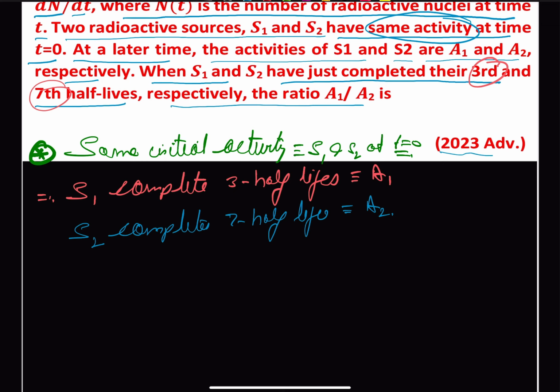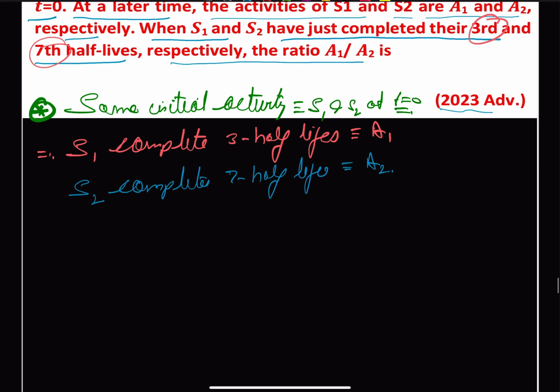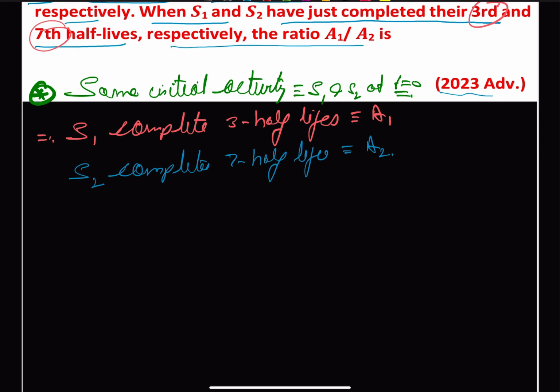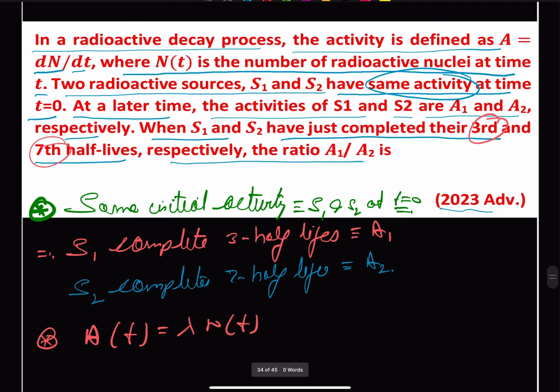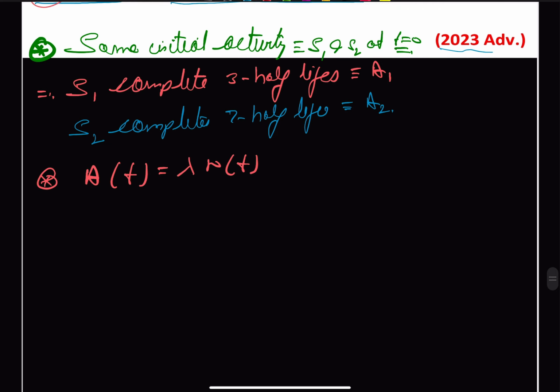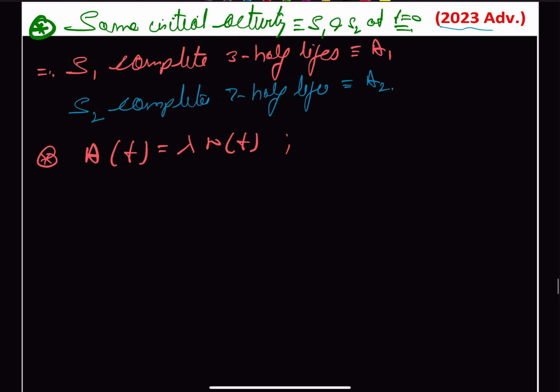And we already know the general formula for the activity after n half-lives. So we can write that activity after time t will be equal to lambda multiplied by N of t, that is the number of radioactive elements at time t. And another formula is that the number of nuclei after time t is given as N naught times half raised to power n.